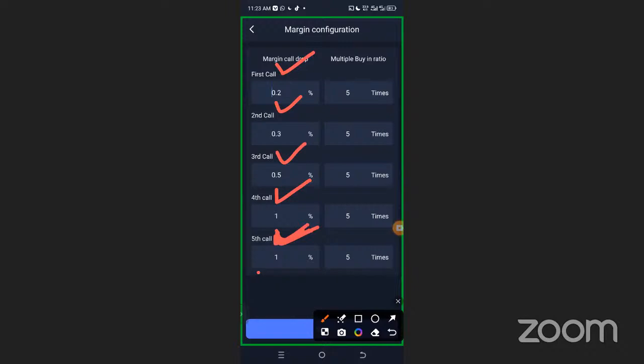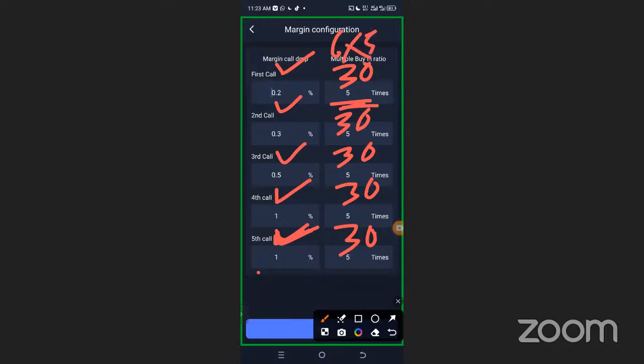But whenever the robot is buying, it is putting in $30, because it is 6 times 5. Therefore, whenever the robot is buying this coin, when the market drops by 0.2, the robot puts in $30.